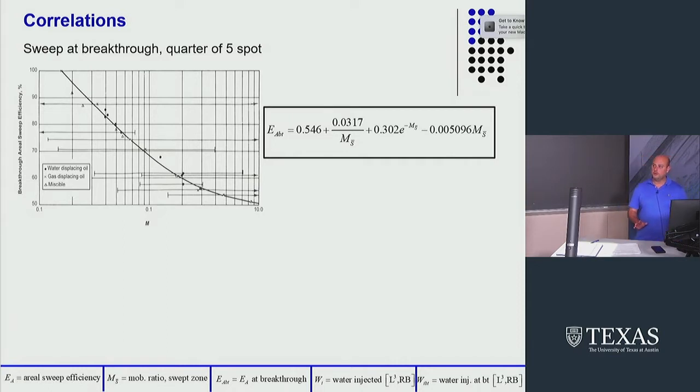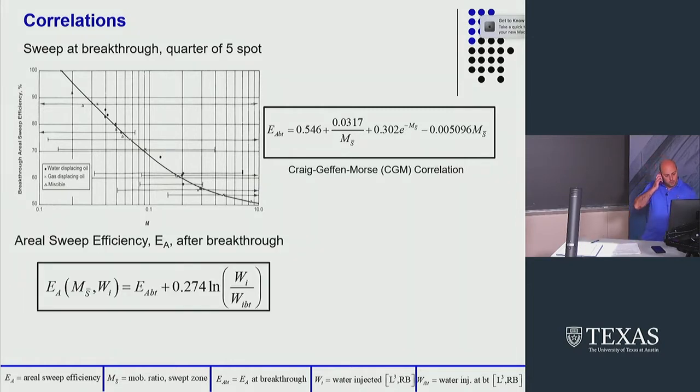But we want the areal sweep efficiency not just at breakthrough, but at later times. And an equation, again a correlation that's been fit to data, has been given as this. So the areal sweep efficiency is equal to the areal sweep efficiency at breakthrough plus 0.274 times the ln of Wi over Wi at breakthrough. So Wi at breakthrough is the cumulative amount of water in barrels that you've injected at breakthrough.